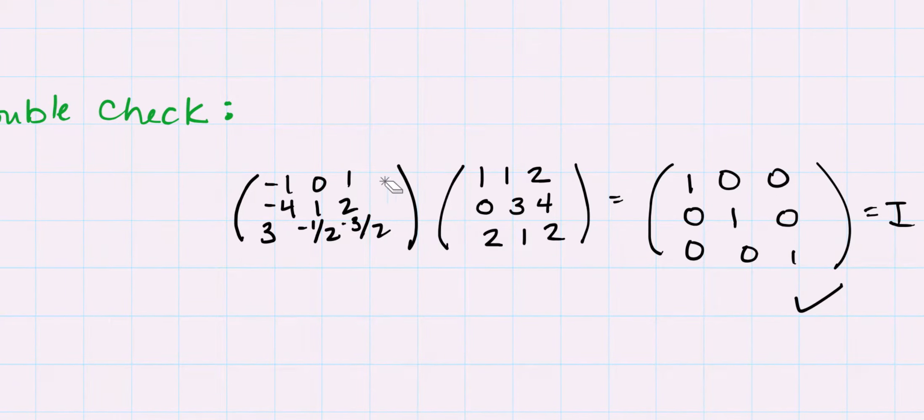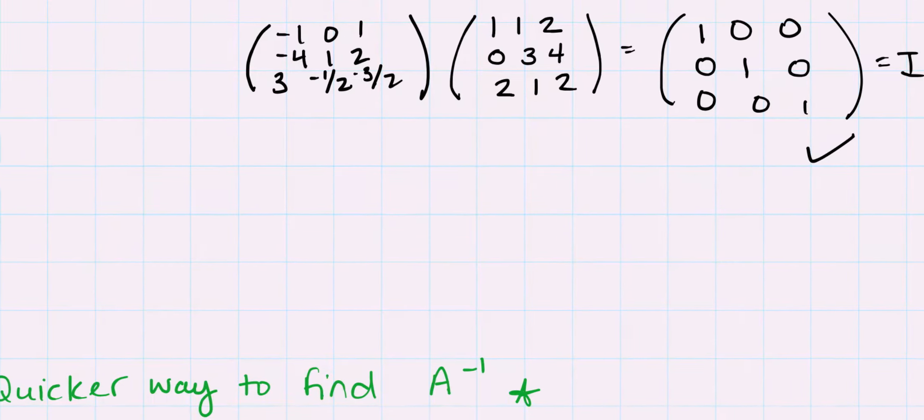Just double check this, but running through it, you can see that, for example, the first row with the first column give us -1 plus 2, which is 1. And then you'll get 0, 0, and so on. So you do get the identity matrix. Now, if you don't get the identity matrix, that tells you that you made a mistake in your elementary row operations or maybe multiplying the elementary matrices together. So you need to go back and fix your mistake.